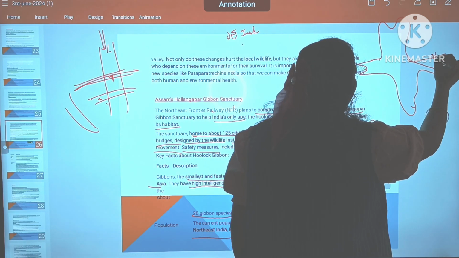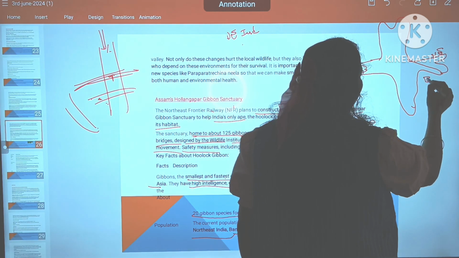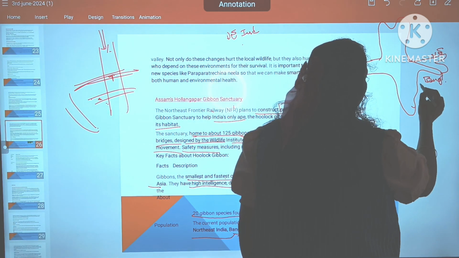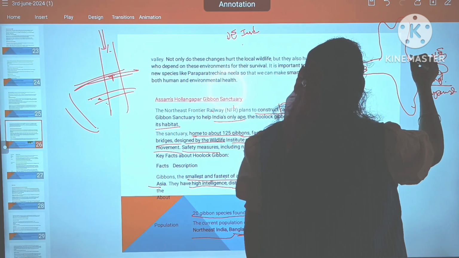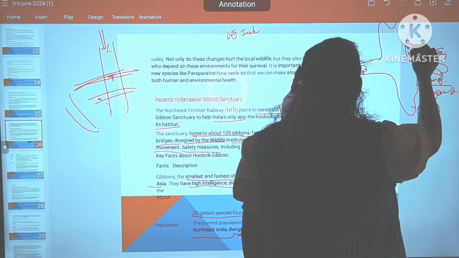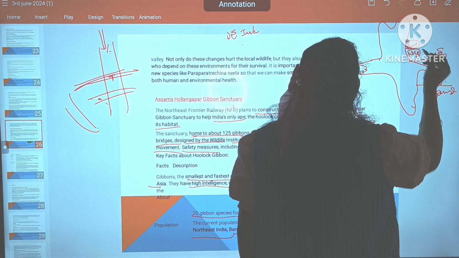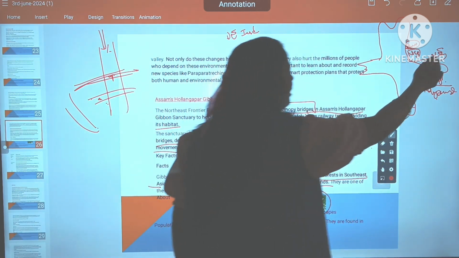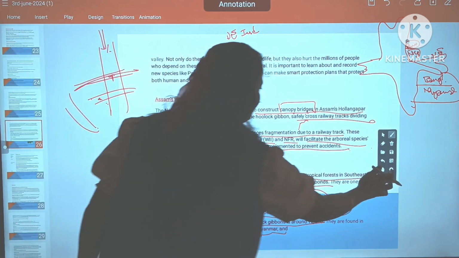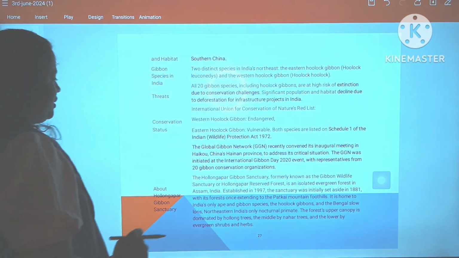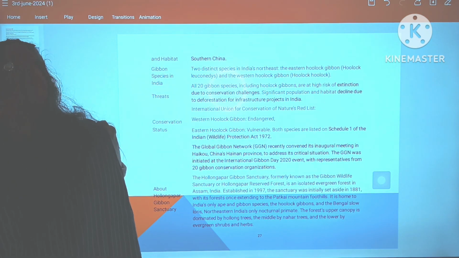Below this Bangladesh. Below this Myanmar. Here are Nepal and Bhutan. Okay, like this you can remember. Below the northeast, these are the countries where gibbons are available. In southern China also gibbons are there.